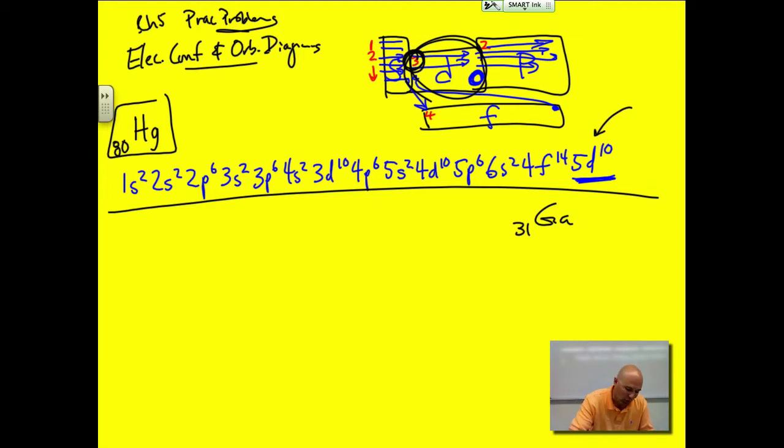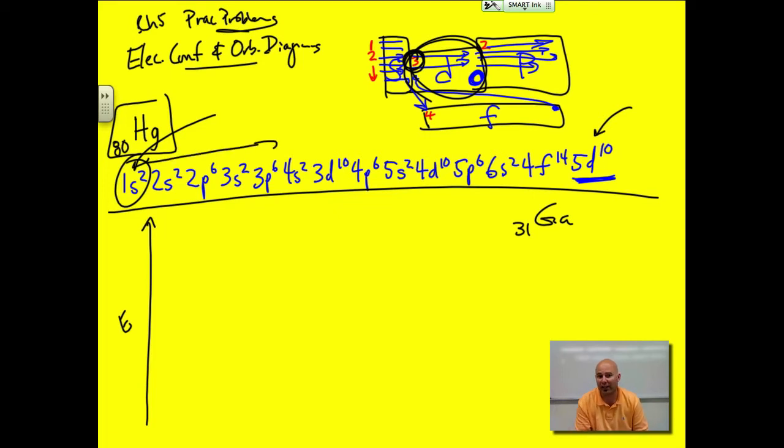For the orbital diagram, we're going from the lowest energy to the highest, starting with the 1s and going across like we did in the electron configuration, except we're going up: 1s, 2s, 2p, 3s, 3p, 4s. After the 4s is the 3d, and then the 4p. And that takes care of where I need to be for gallium.